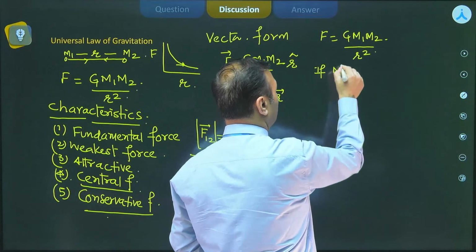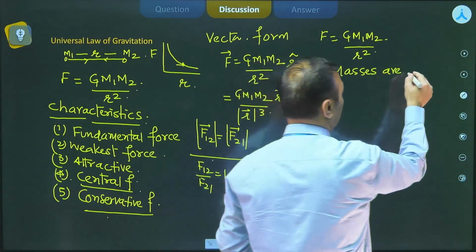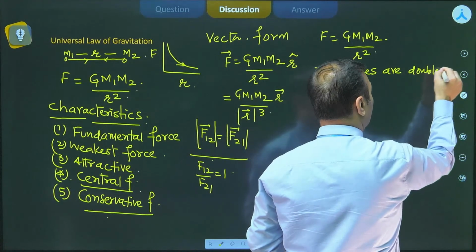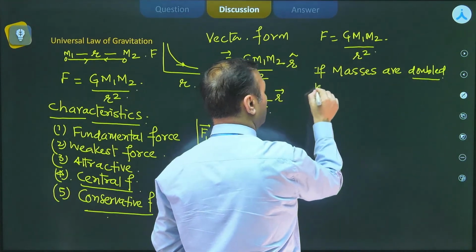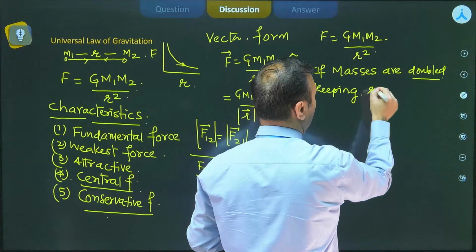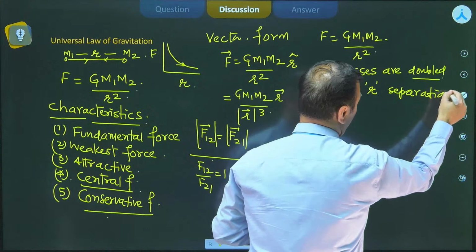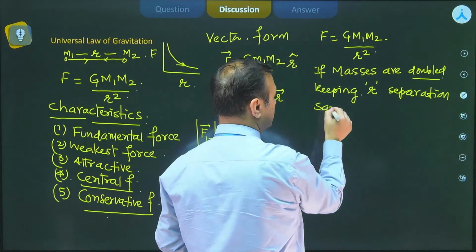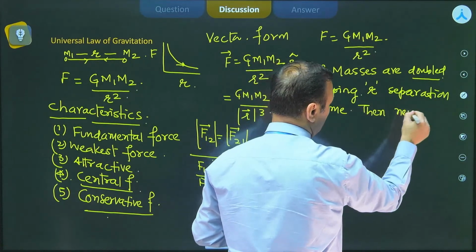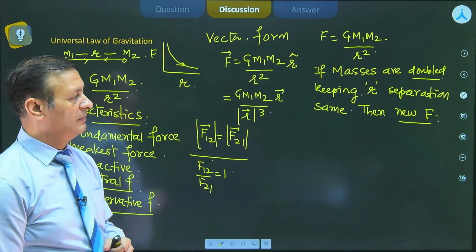If masses are doubled, keeping R, that is the separation between these two masses, the same, then find the new force between the masses.